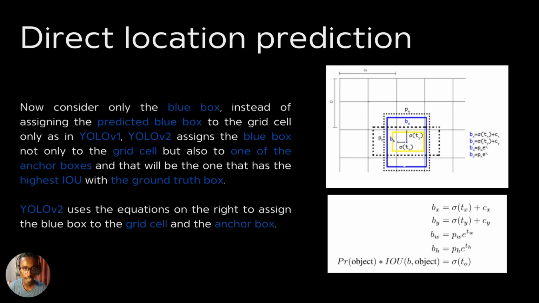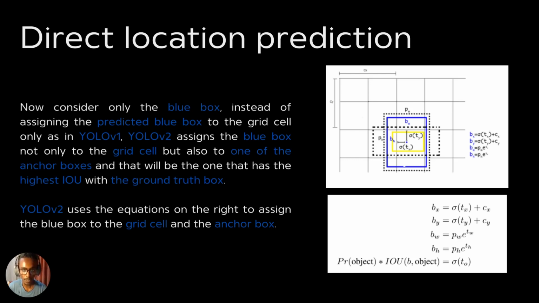And in order to find the width and height of the predicted bounding box from the anchor box, we're going to use the width and height of the anchor box, which is pw and ph, and we're going to multiply them with the exponential function, e raised to the power of tw and e raised to the power of th.